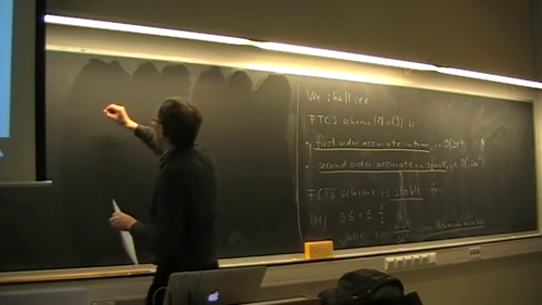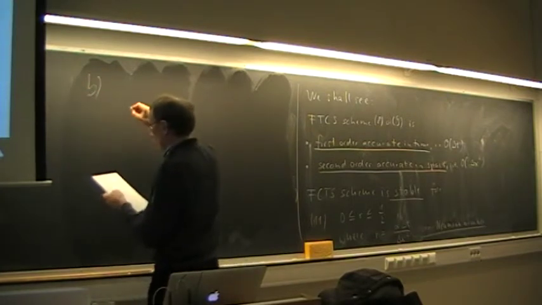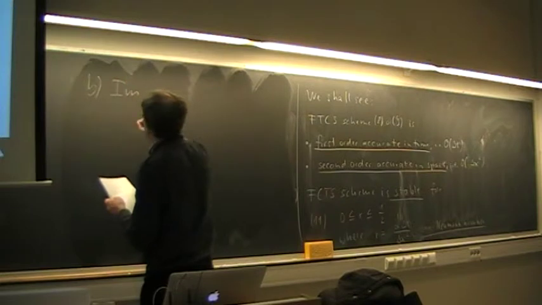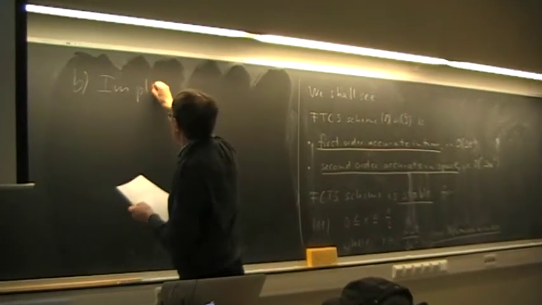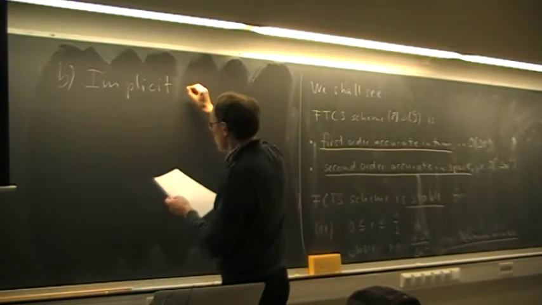So that will be then B. Equation 5 that we got from the method of lines is then solved by the implicit Euler method.